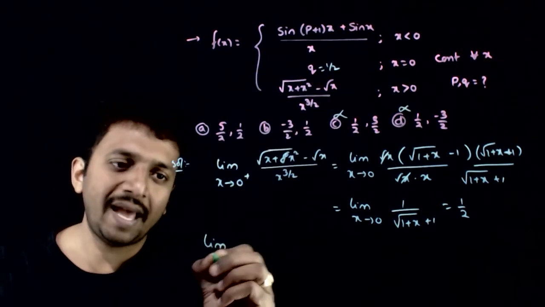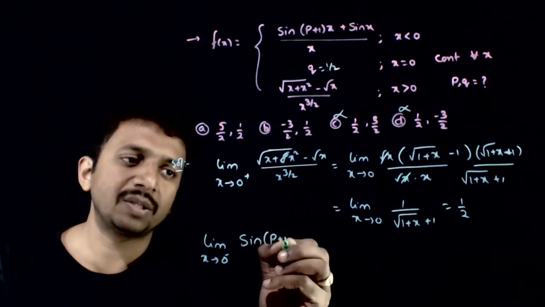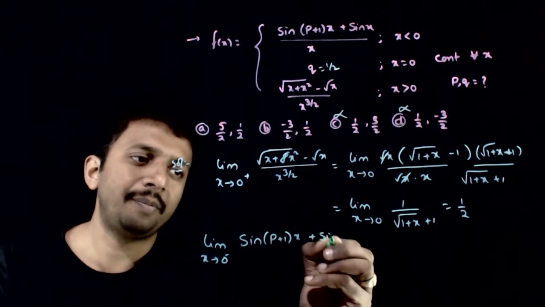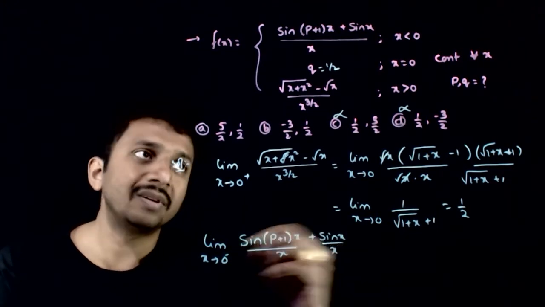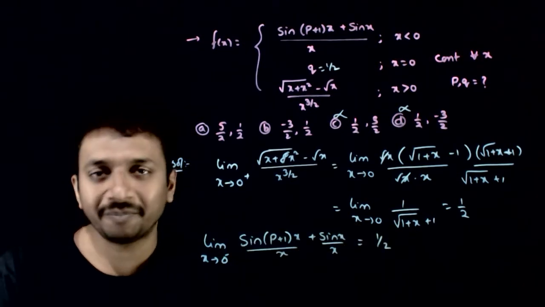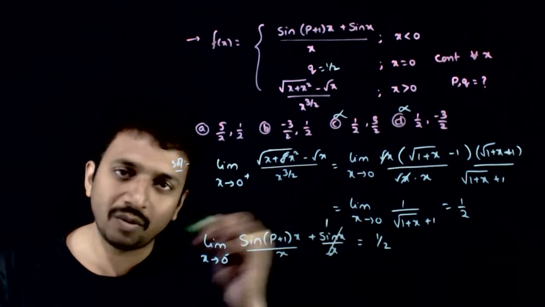So limit x tends to 0 minus of (sin((p+1)x) + sin x) by x can be separated like this, and this should also be equal to 1 by 2. This is a very straightforward limit. Sin x by x is equal to 1.